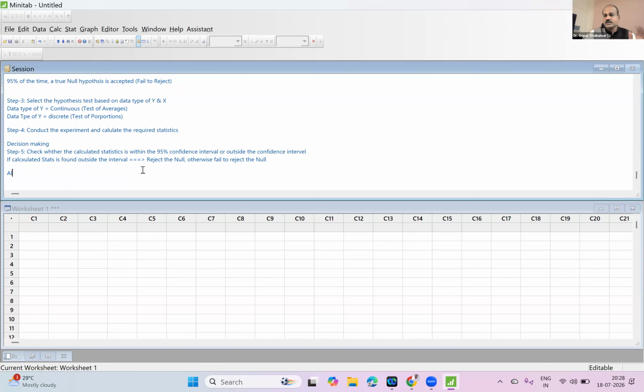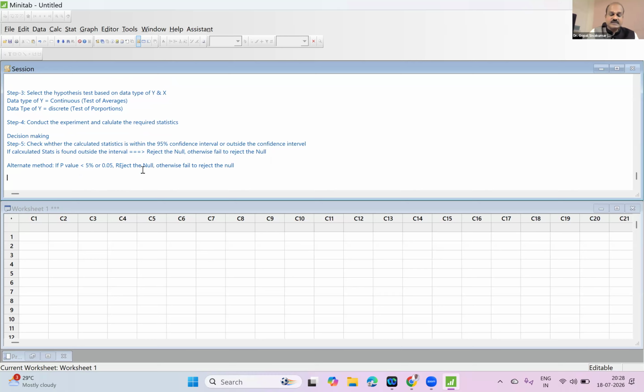And there is an alternate method, because this is hard to understand. The alternate method is if p value is less than 5% or 0.05, you reject the null. Otherwise, fail to reject the null.